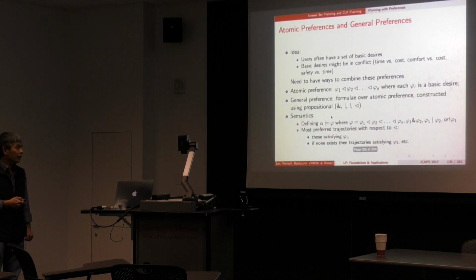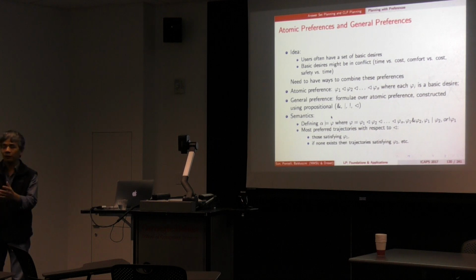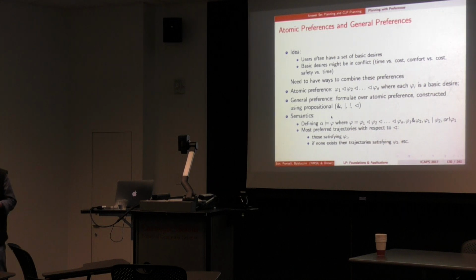And then we can add additional structure to these preferences by defining the notion of atomic preferences. With atomic preferences, we have multiple temporal formulas, and we prefer one over the other. So this one is more preferred than this one, more preferred than this one.